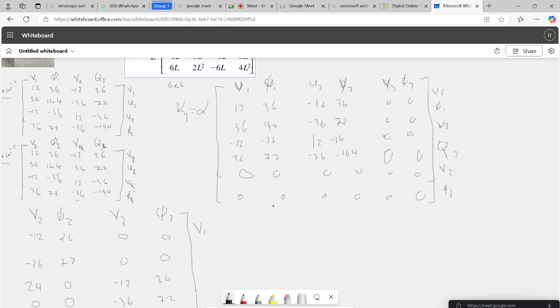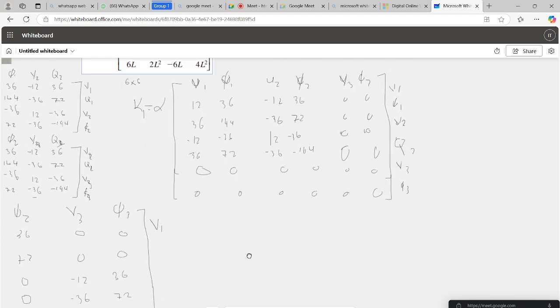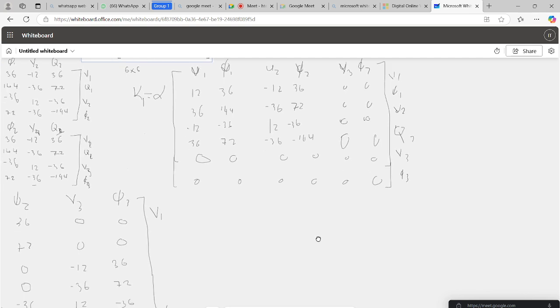Let me write it in a way that makes sense, so that when we add, we see where we are. So for K2, we are expanding again. I call that one alpha, the value there, because we did not want to use our calculator.